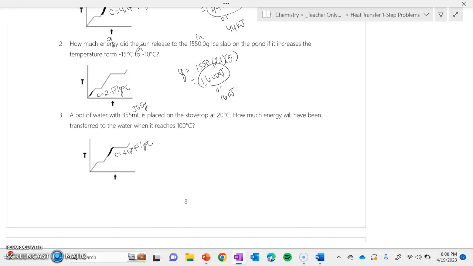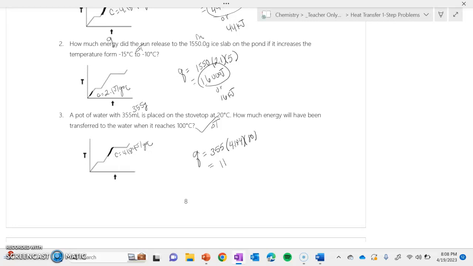We've got mass, we've got temperature change, and we've got specific heat. So plug them in. mcΔT, it's an 80-degree increase.